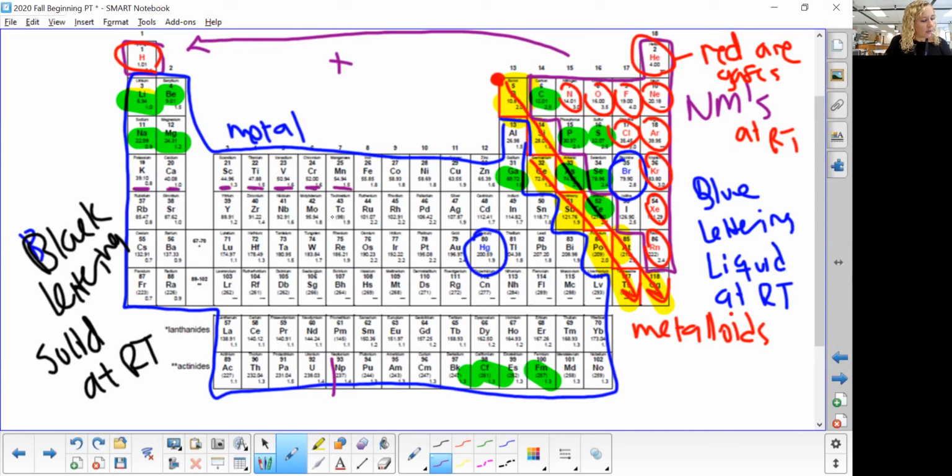decimal. And then do you notice that like technetium right here, or the elements at the bottom down here, their average atomic mass is in parentheses, and it just has a whole number. Okay, those elements are man-made and radioactive.